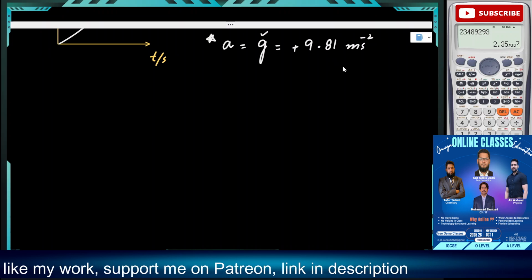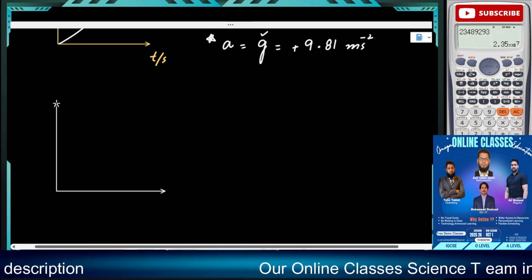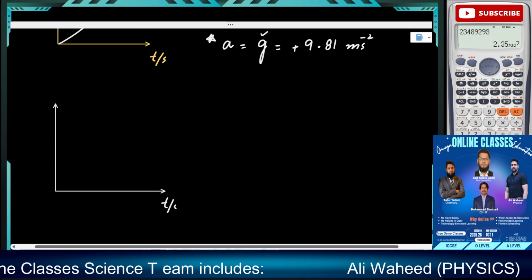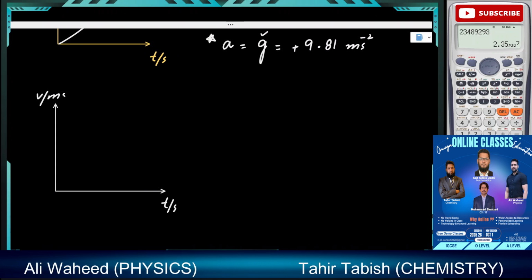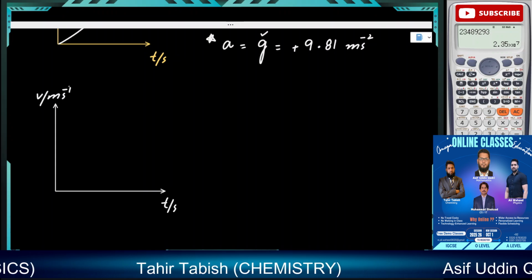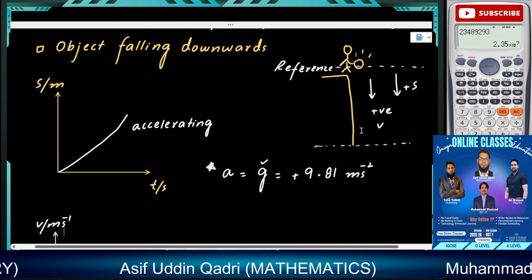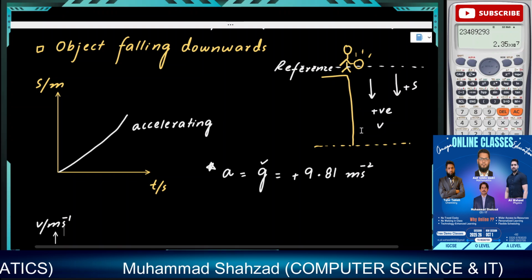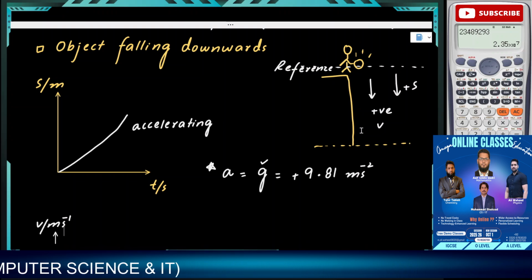For the velocity time graph, let me draw the axis. So here we have the axis, time on the x-axis, and velocity on the y-axis. According to our convention, and you can totally change the convention, you can change it every time, but for the equations of motion, you use the same one.